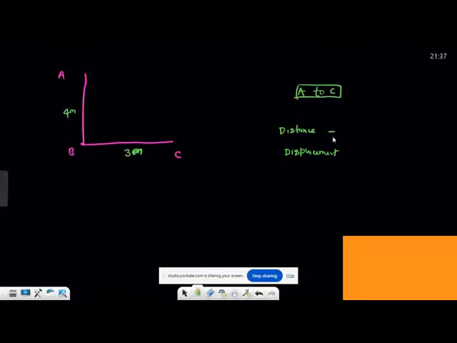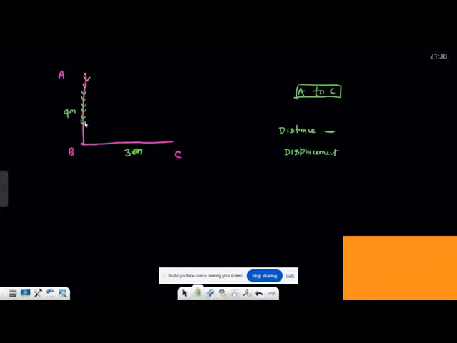If you want to find the distance from A to B, then distance means the actual path length covered by the body. So first of all, find the path length from A to B, because the body starts its motion from A and goes to B like this.